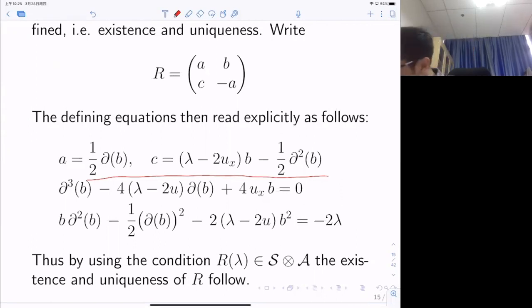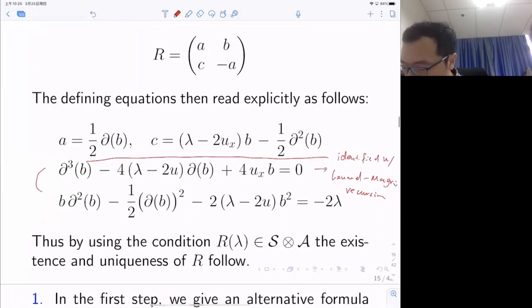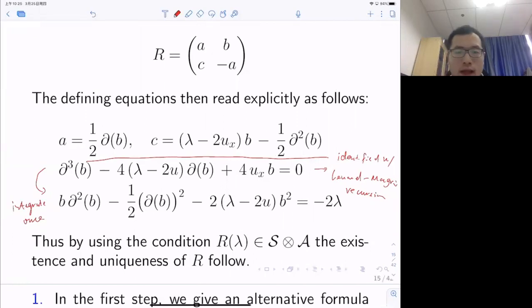The linear equation is simply identified with the Lenard-Magri recursion, and the quadratic equation is simply integrating once.